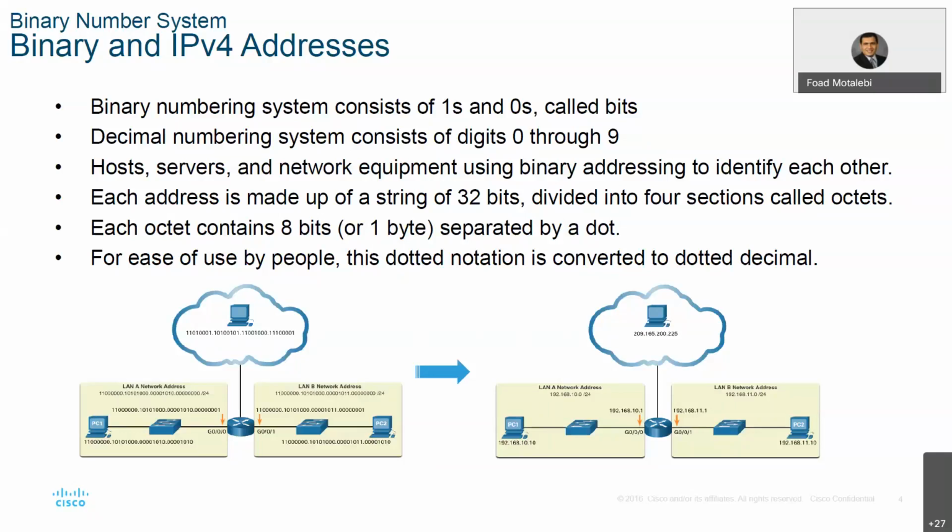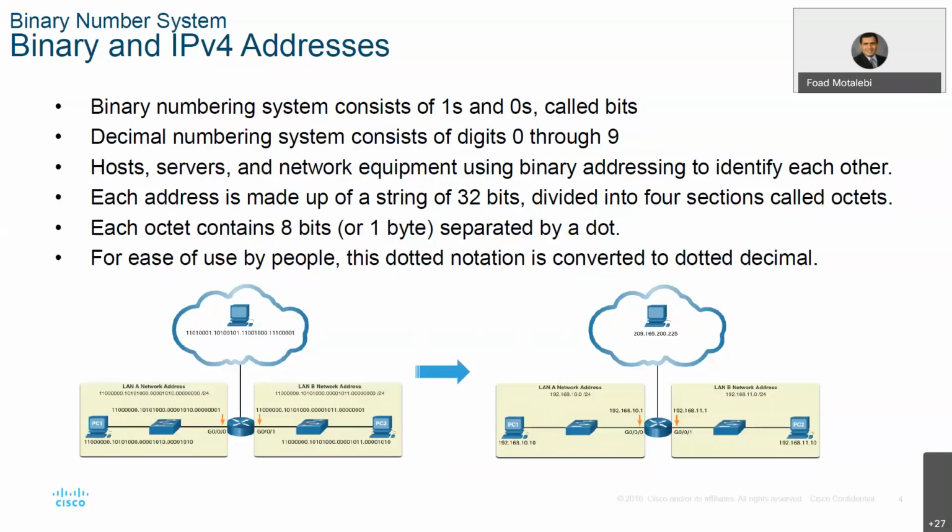The network portion consists of the actual network portion of your IP address. Now you have to ask yourself, how will I know which one is the network portion and which one is the host portion?